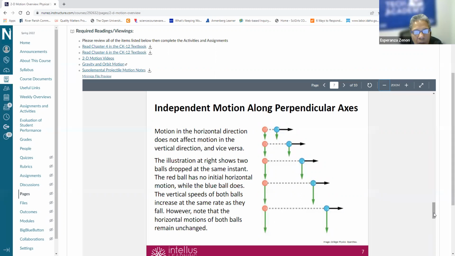Okay. And so the vertical motion of each of those objects, even though the blue has a horizontal component, is identical. Okay. And the horizontal velocity of the blue never changes.